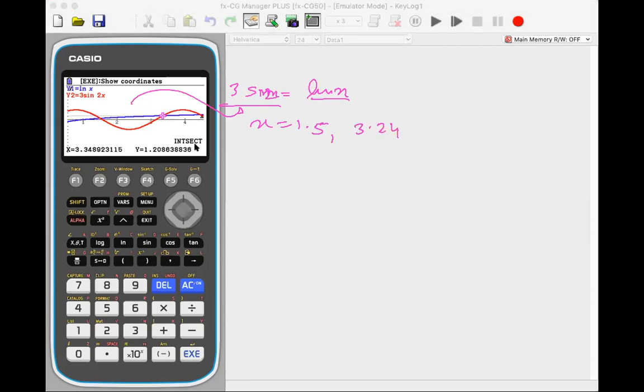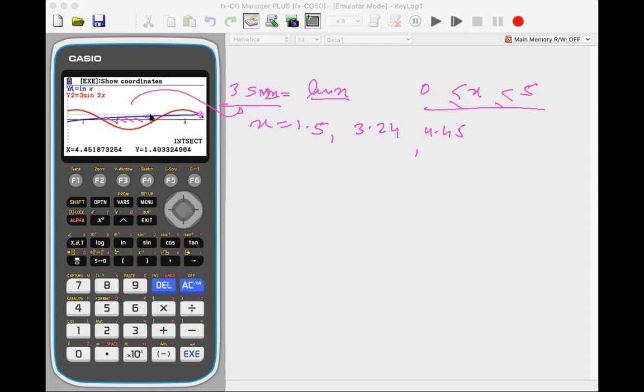Now assume that I have given some higher range as well in order to find one more intersection. So the answer is 4.45. Now let's say in this question the domain will be specified as from 0 to 5. Here I want to find the combined area.